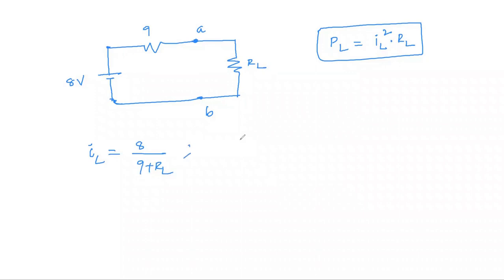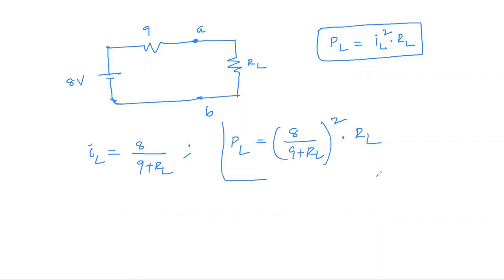So PL is 8 divided by 9 plus RL whole square into RL. This is the expression for load power. Simple. Let's go for 2 to 3 problems on Thevenin's theorem, and then we will stop.